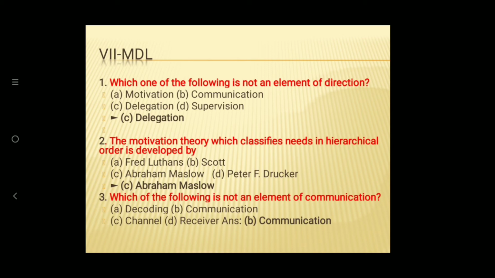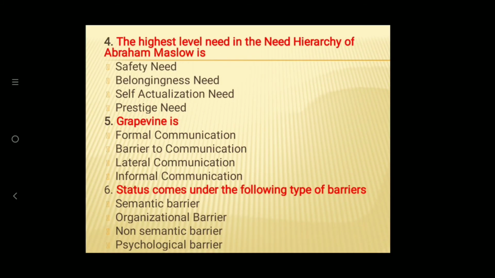Right answer is option B, communication. The highest level need in the need hierarchy of Abraham Maslow is safety need, belongingness need, self-actualization need, prestige need. The right answer is self-actualization need.